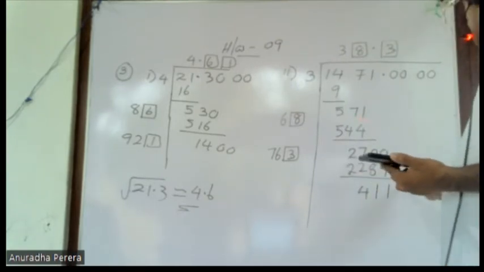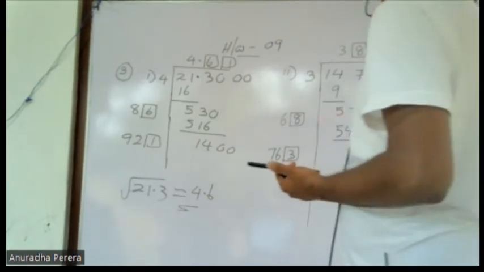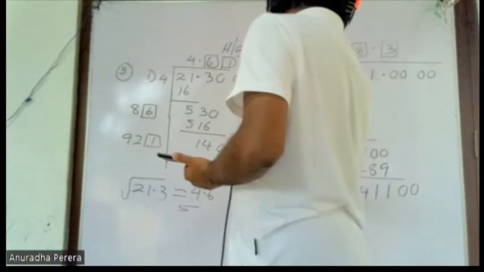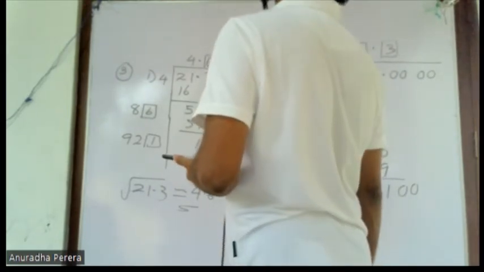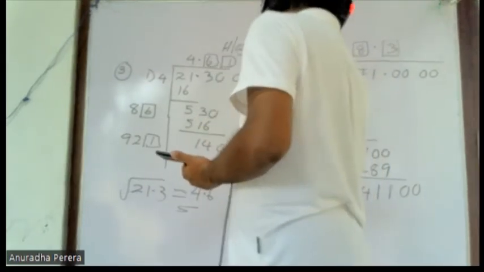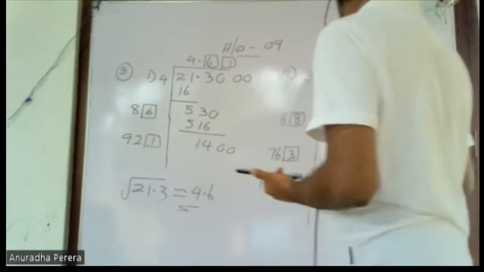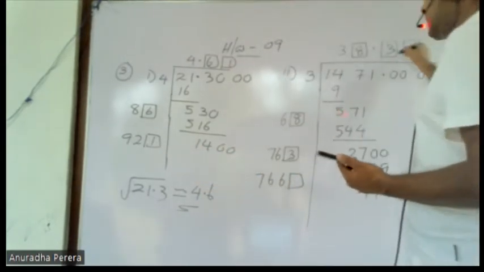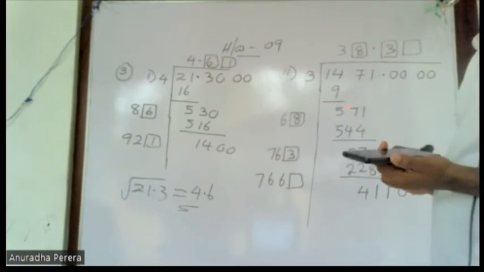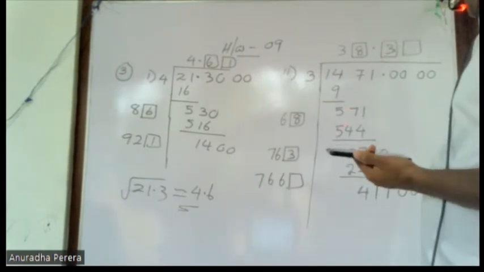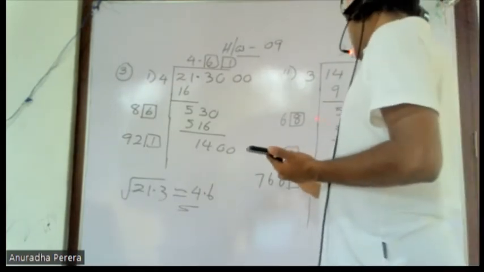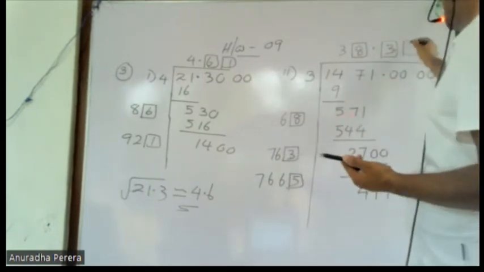Next pair. 6, 6. We need a value. What is the value? 5. Yes, 5. Not need to multiply. Suitable value is 5.